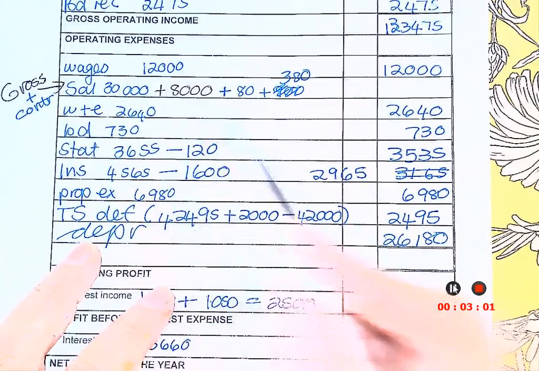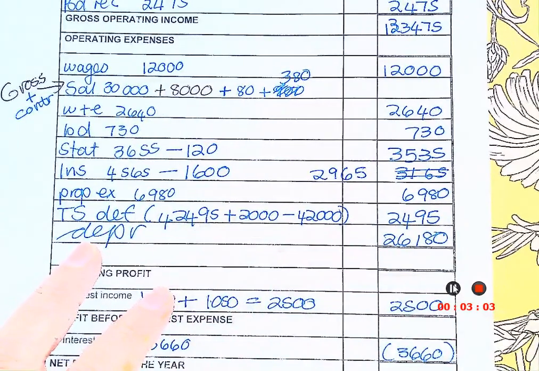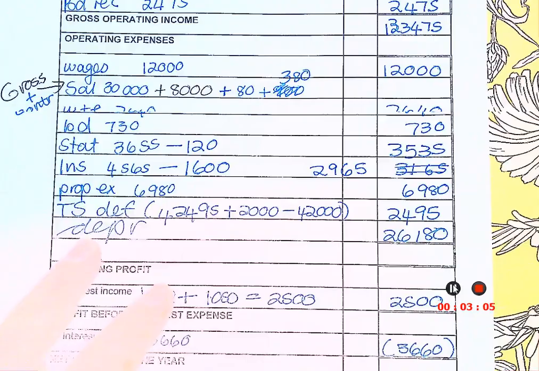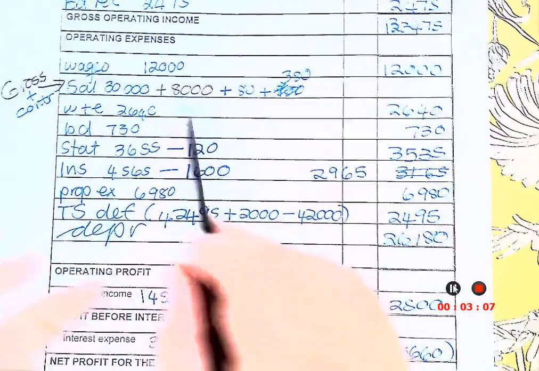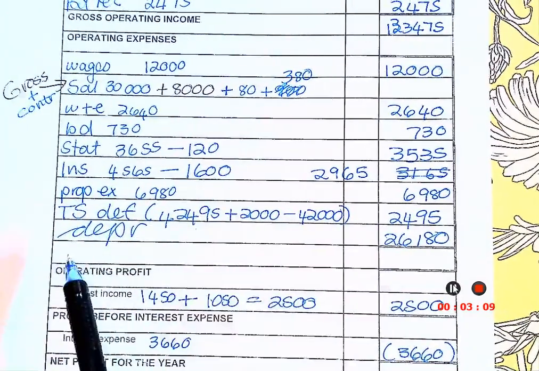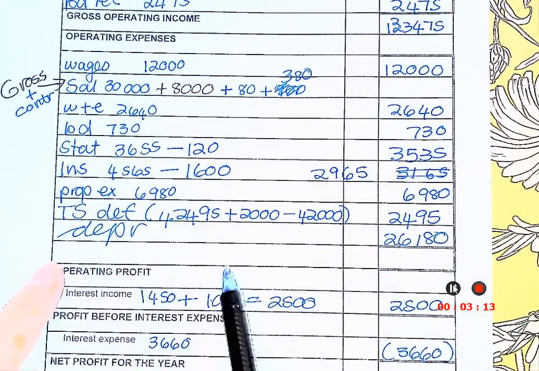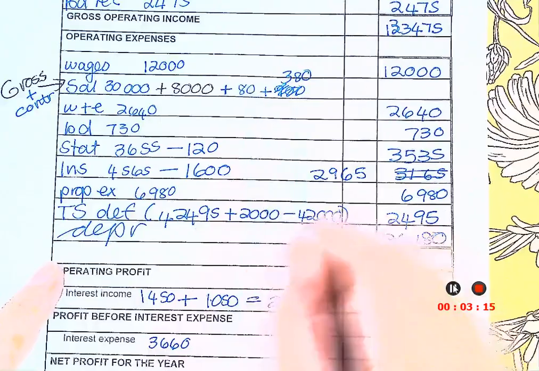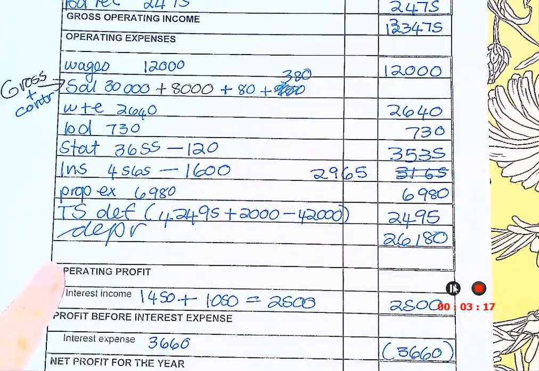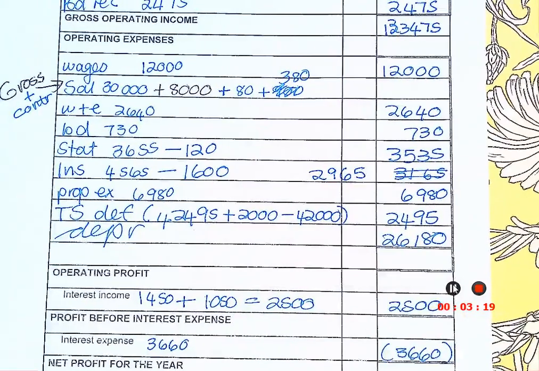Okay, so if I wanted to do another method, I could have said salary plus 8,000, and then I could have shown separately the employer's contribution, the 80 plus 380. Or I could have gone even more detailed and said UIF contribution 80, pension fund contribution 380.